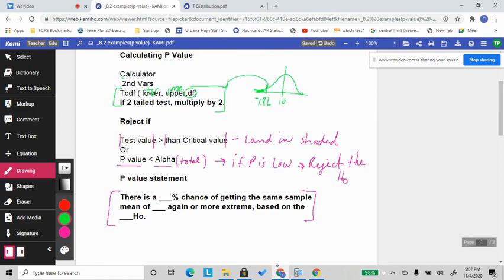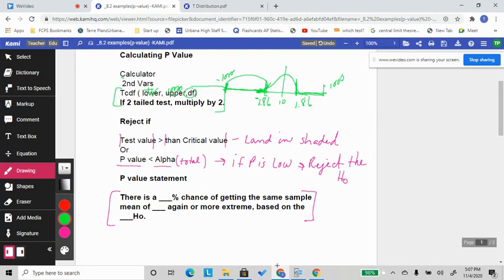The upper is negative 1.86, and it's going to calculate this area, from infinity to the test value. Then you would type in your degrees of freedom, and it would give you this p-value. It finds from here to here. If you're on the positive side, 1.86, this is your lower, and your upper is infinity.